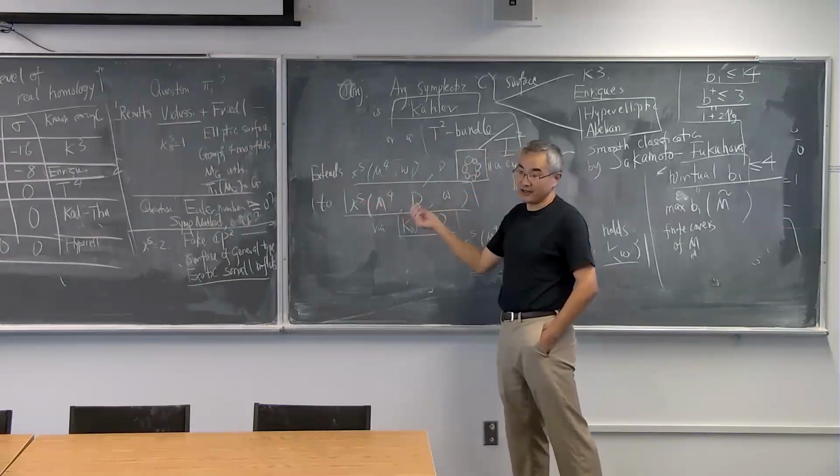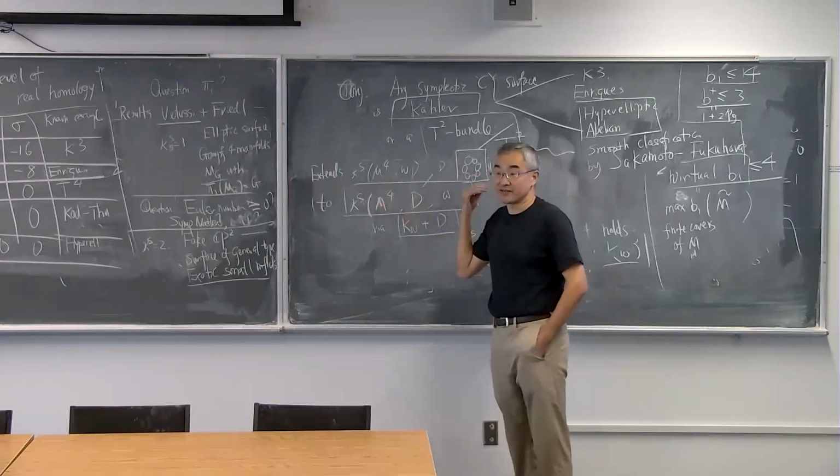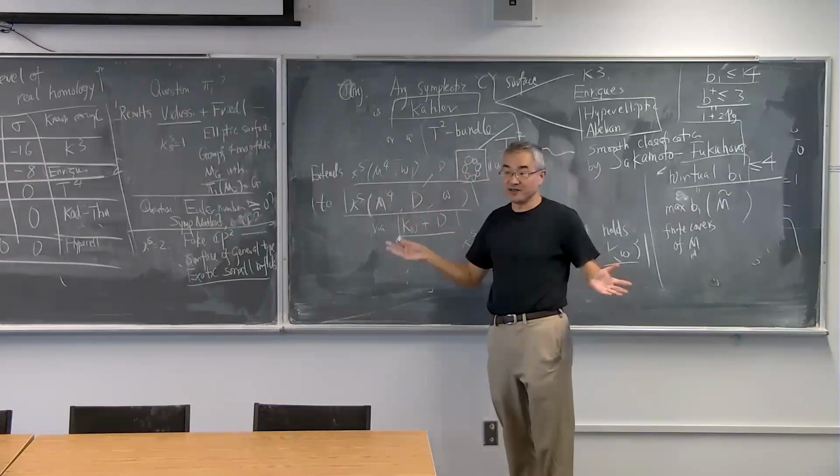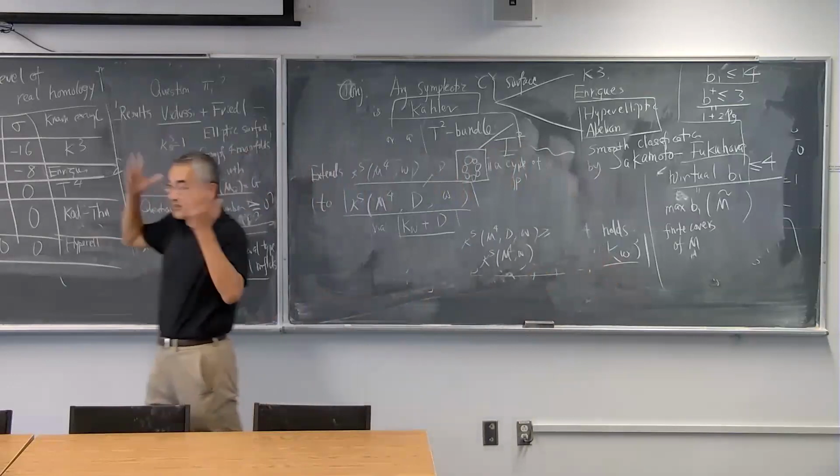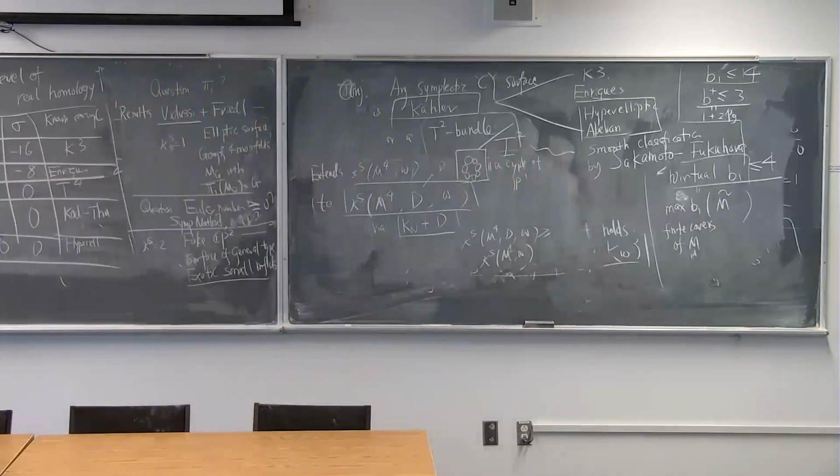This is the log Calabi-Yau case. There's no problem. It just defines the Kodaira dimension in this case when D is a cycle of spheres. But in general, this is interesting. I don't think it cannot be defined. There is much work to do.